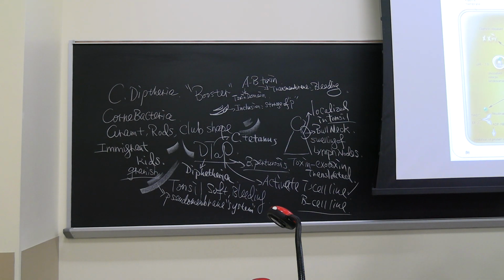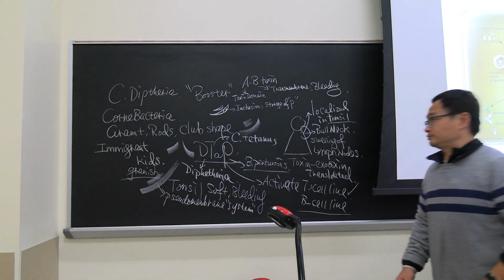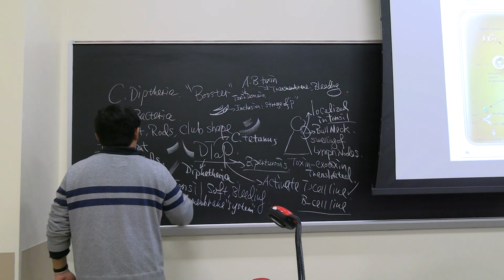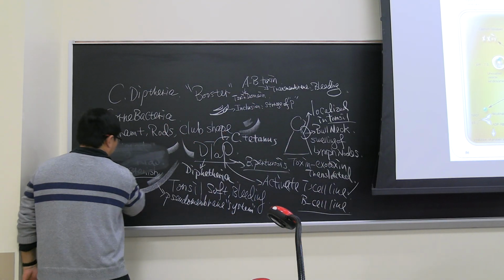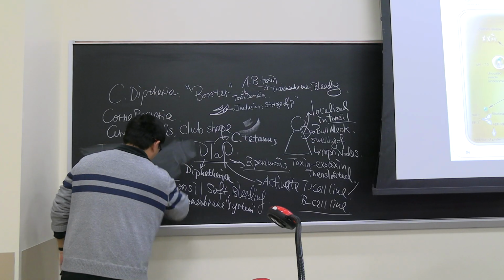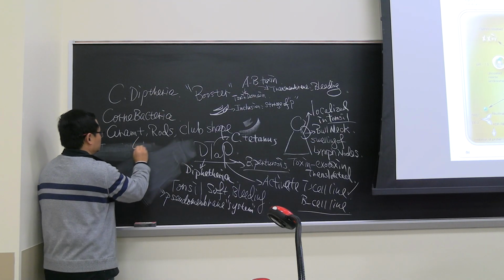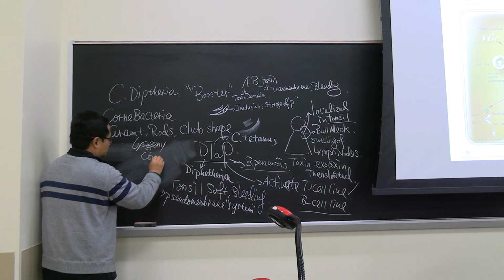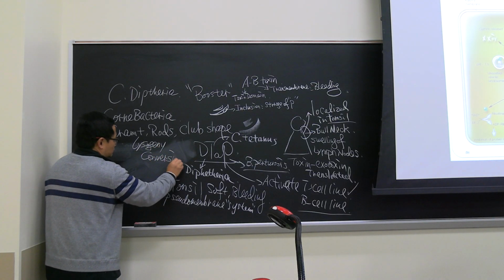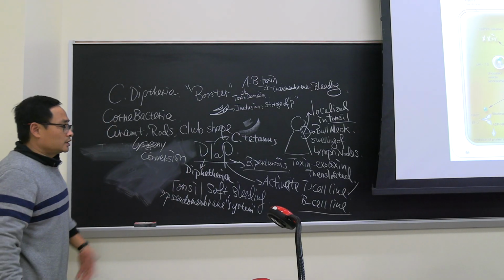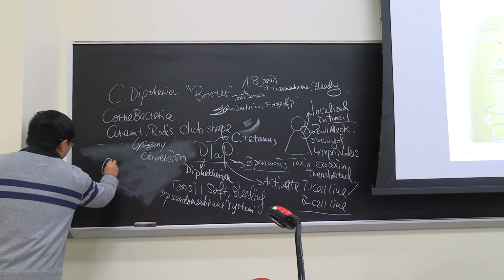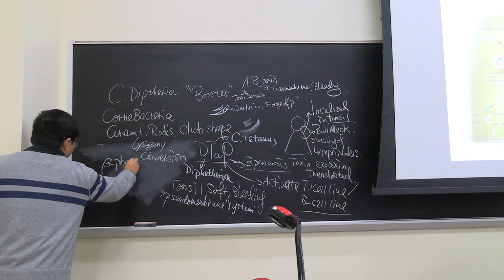Now, how did they get the diphtheria toxin? How is it generated? There are lots of theories about that. One of the theories is called lysogenic conversion. They think a long time ago there was a phage called a beta phage.